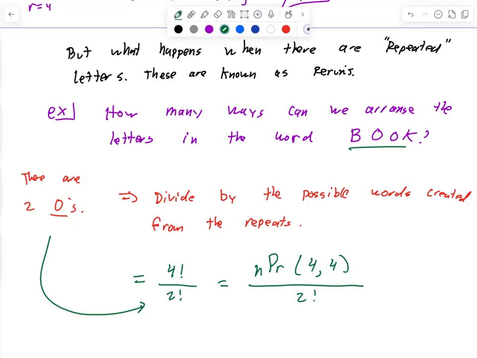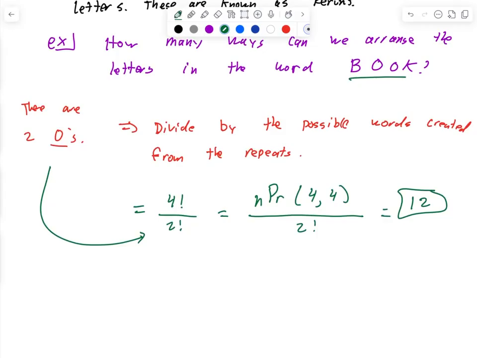And this 2 factorial comes from the 2 O's, which gives me 12. Because there's 2 O's, we have to divide by 2, because that's how many different words are going to be the same with the 2 different O's.